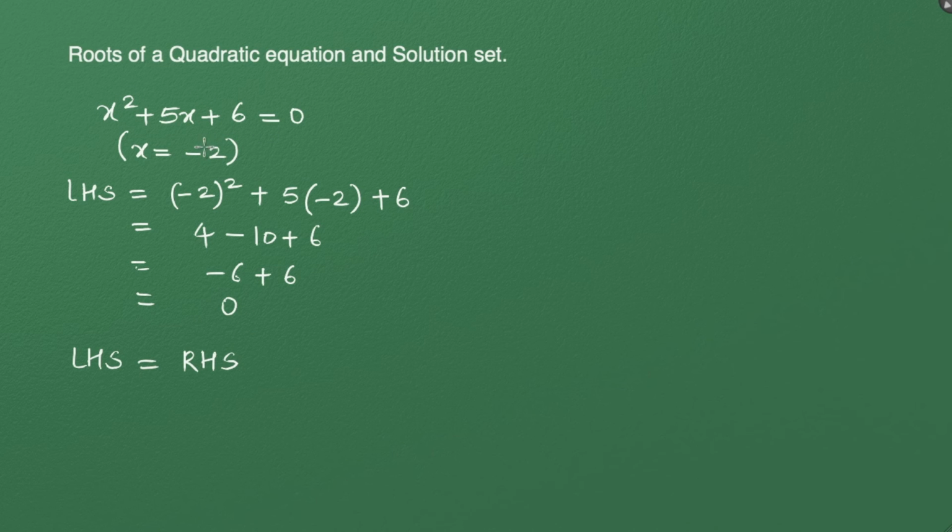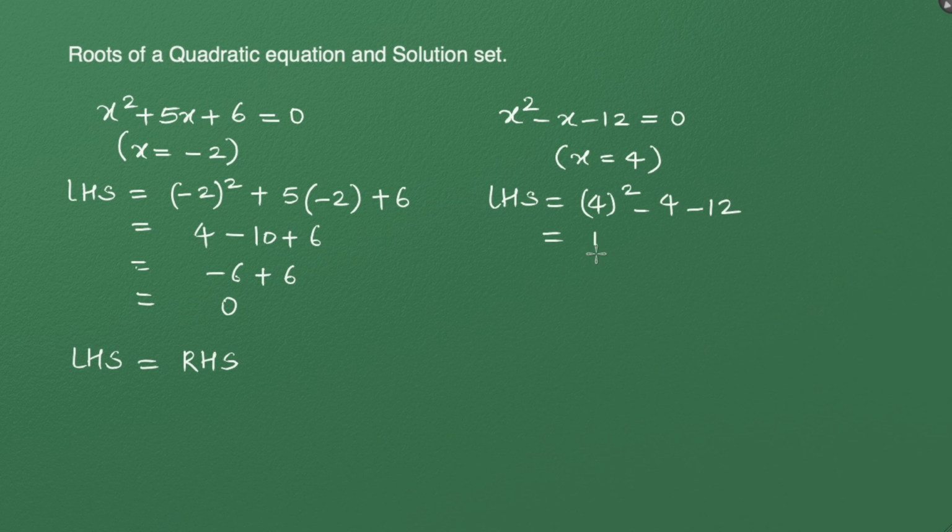Let's take one more example. In the given quadratic equation, x² - x - 12 = 0, if I substitute x equal to 4, then the left hand side becomes 0.